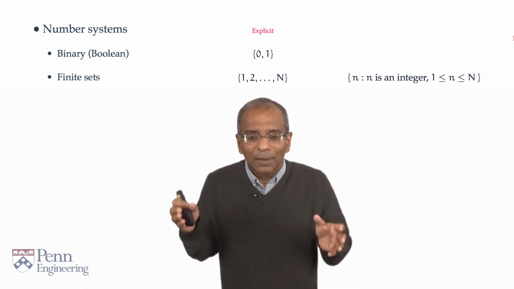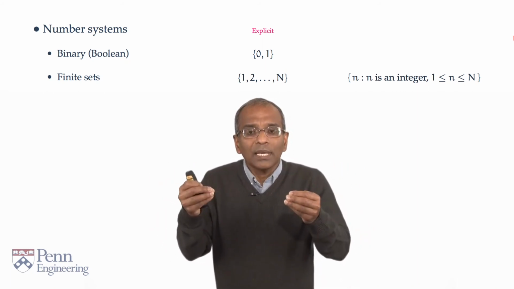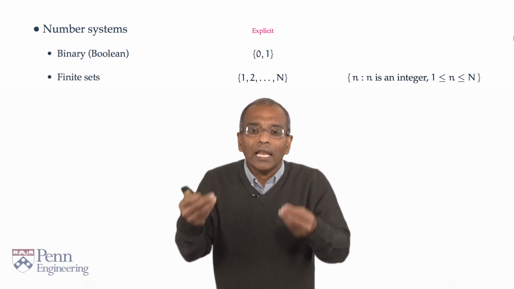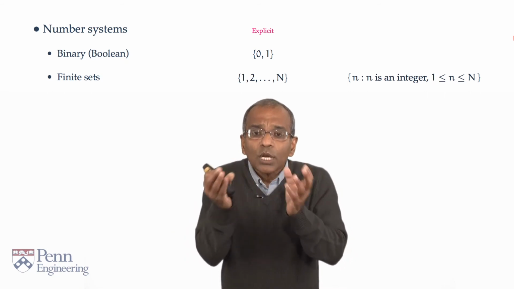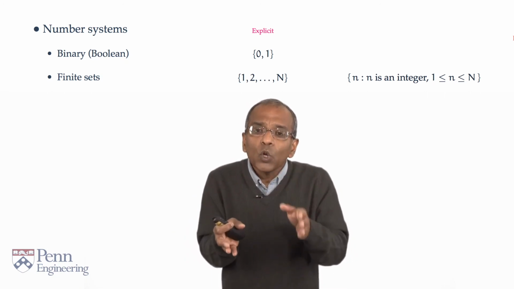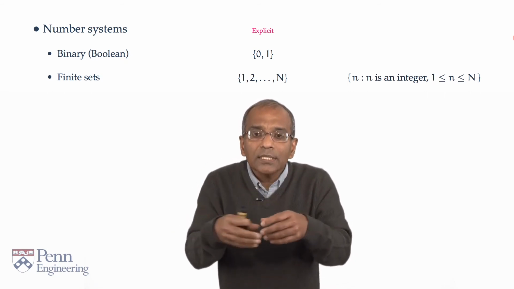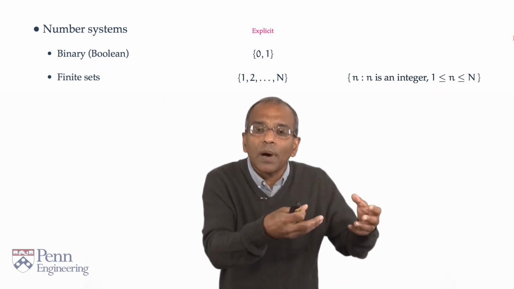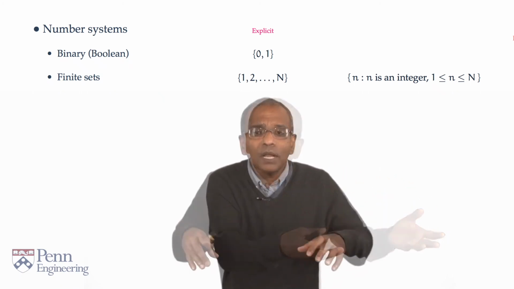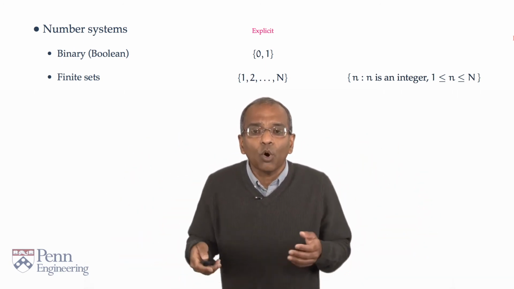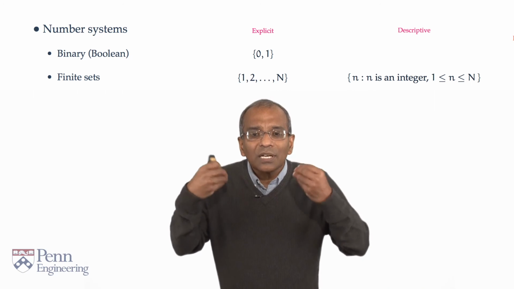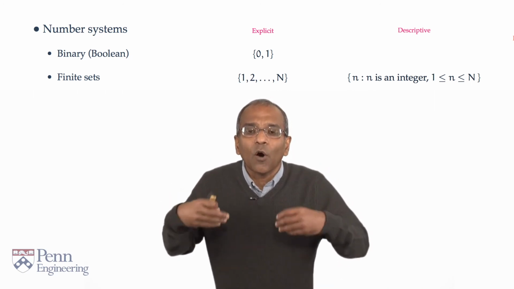Notice how we've described this. We first write down a generic, a typical element of that set, n, fixed but arbitrary. Put in a colon and say, following this, this object is described by this condition. Now this gives us a generic way of describing more and more complex sets. This is a descriptive or implicit way of describing the set.